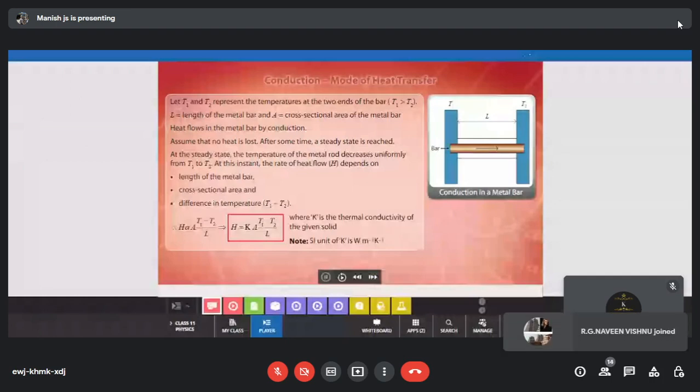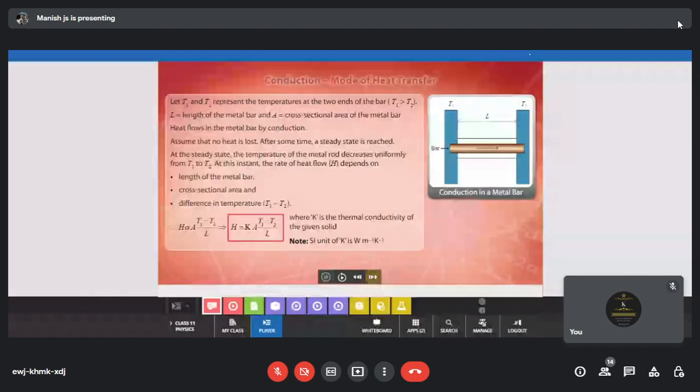After that we have the length of the bar. The length is not going to change here, so the length of the metallic bar is taken as L, which is fixed. Heat transfer is directly proportional to the change in temperature and inversely proportional to the length of the rod. If the length is more, heat transfer will be less and it will take more time.